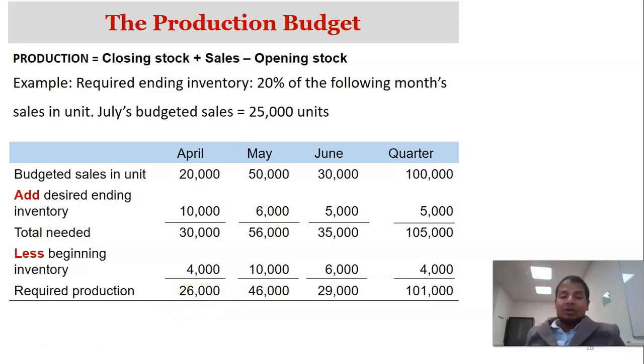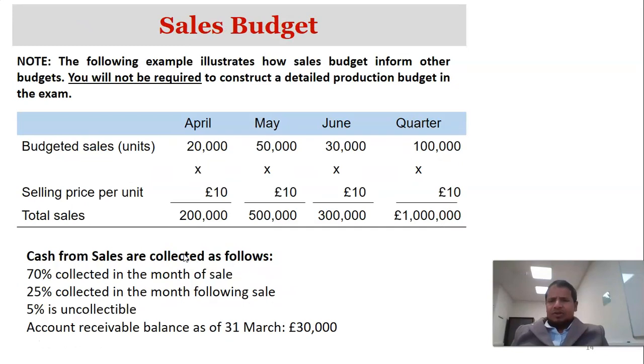Now, what's the amount of opening stock, opening inventory? As I mentioned before, is there anywhere it says April opening is 4,000? Is anything given somewhere?